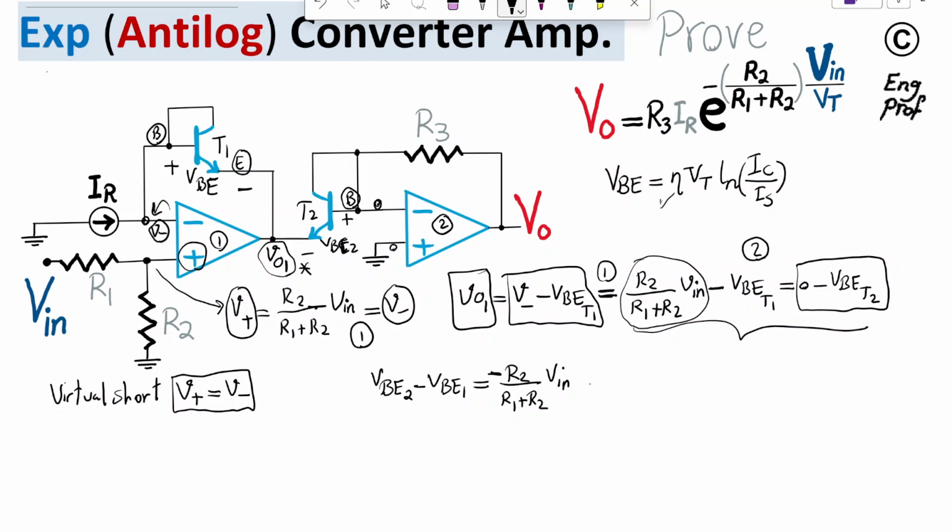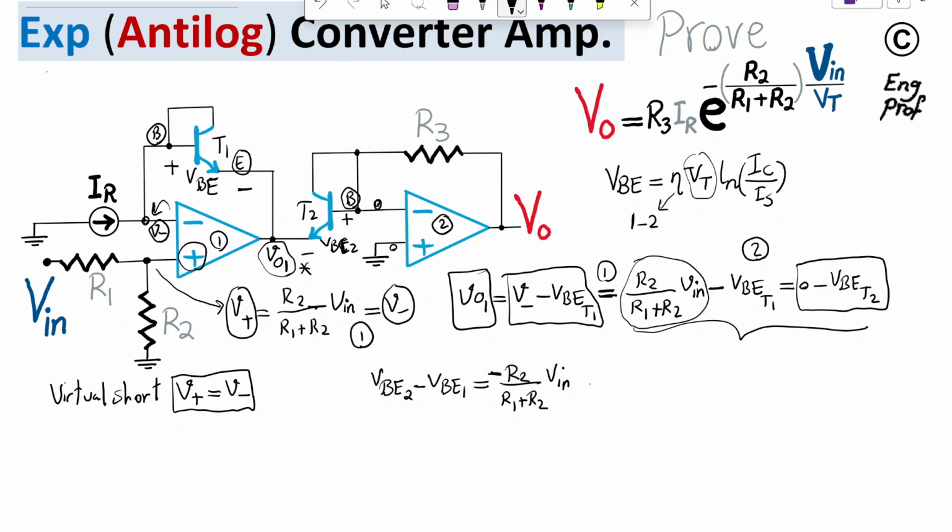This eta for BJT is around 2, but in general is a number between 1 and 2. We don't care, again, so we're going to make the assumption that in this example it is 1, for example, but generally speaking for a BJT transistor it's said to be closer to 2.